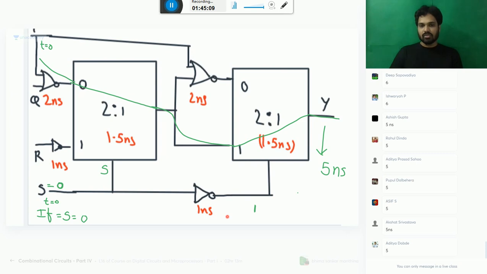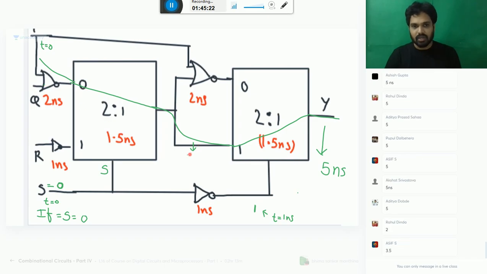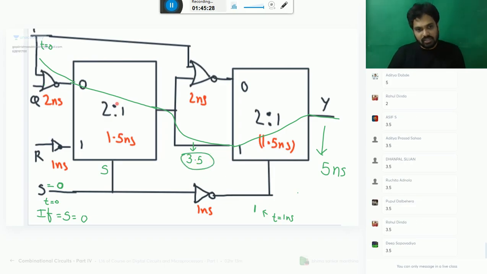At 1 nanosecond, you will get this. And at how much time you will get this one? Tell me here, 2 plus 1.5. How much time you get? At 3.5. So in these two, don't add these two. These are parallel operations. This is doing independently. This is doing independently. You take the maximum of these two.